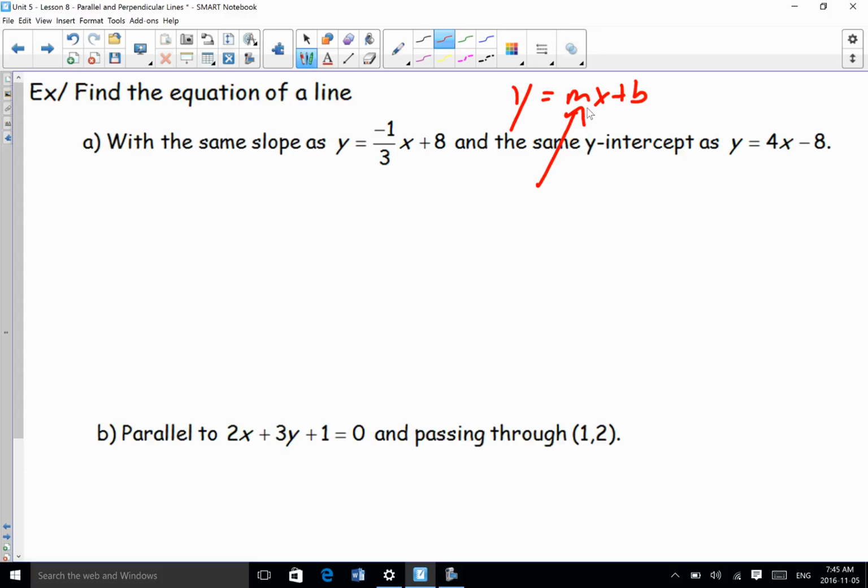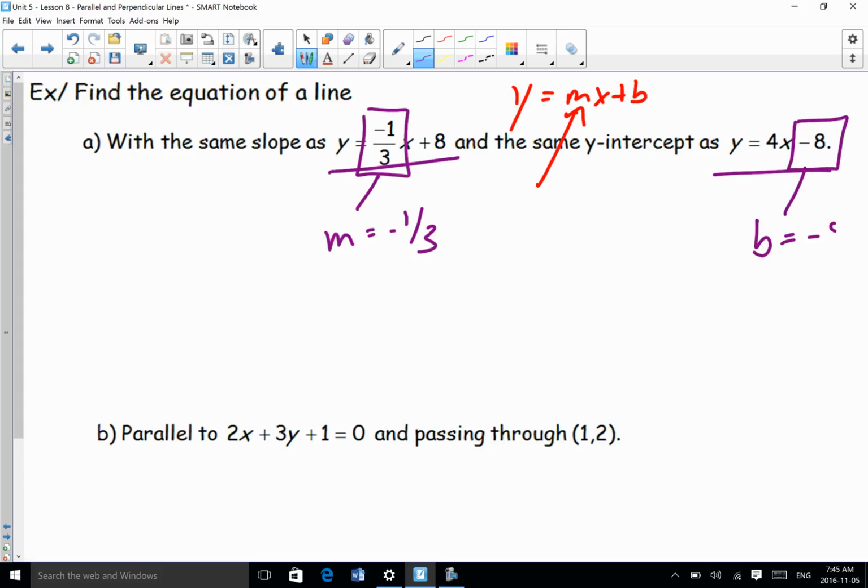For example, in the first one here, I want to find an equation of a line with the same slope as this and the same y-intercept as this. Well, if it has the same slope, here's my slope, so my m has to be negative 1/3. If it wants to be the same y-intercept as the other one, the y-intercept of this one is negative 8. Well, those are the 2 pieces of information I need for a line, right? So my equation, which is a brand new equation, is y = -1/3 x - 8.